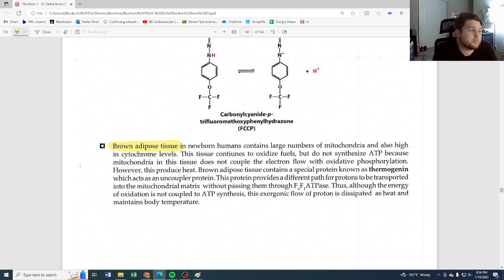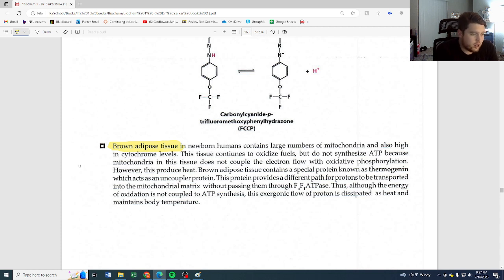However, this produces heat. Brown adipose tissue contains a special protein known as thermogenin, which acts as an uncoupler protein. This protein provides a different path for protons to be transported into the mitochondrial matrix without passing them through the ATP synthase.